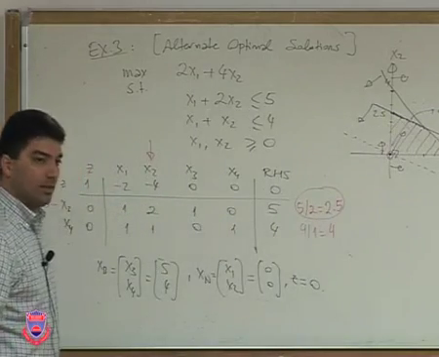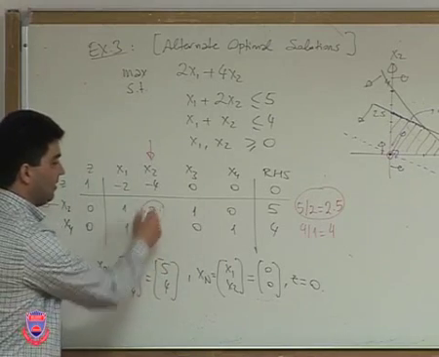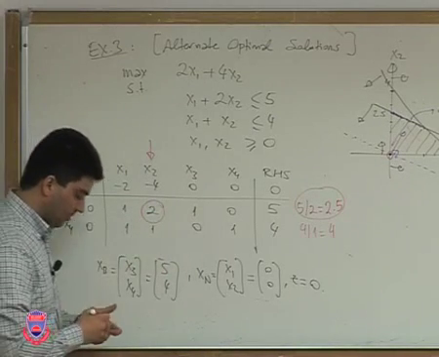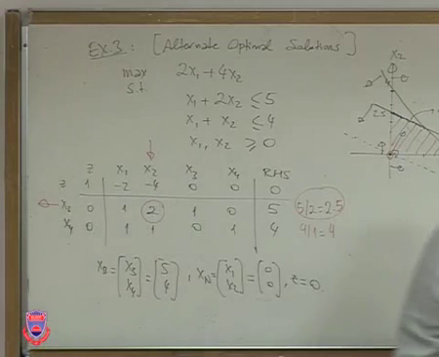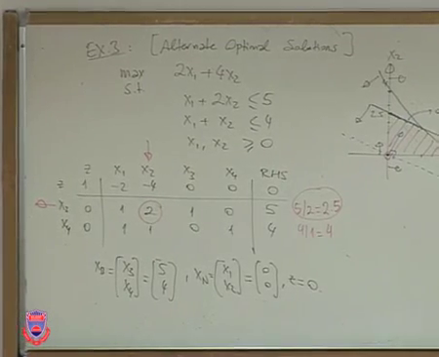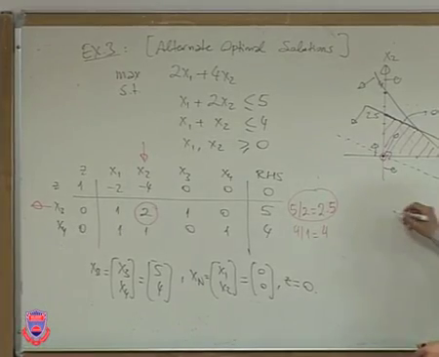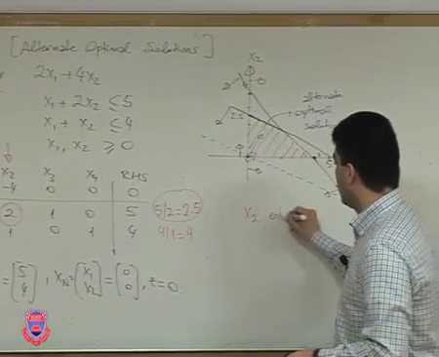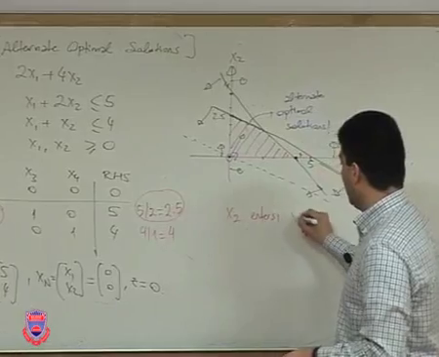And what am I going to pivot on? I'm going to pivot on this entry, right? Let's just do that quickly. Let me also say that x2 enters and x3 leaves.